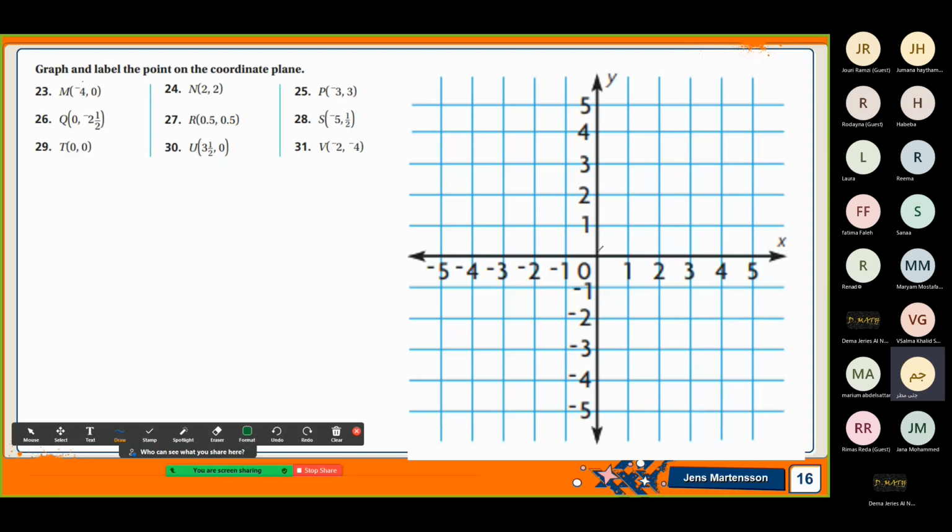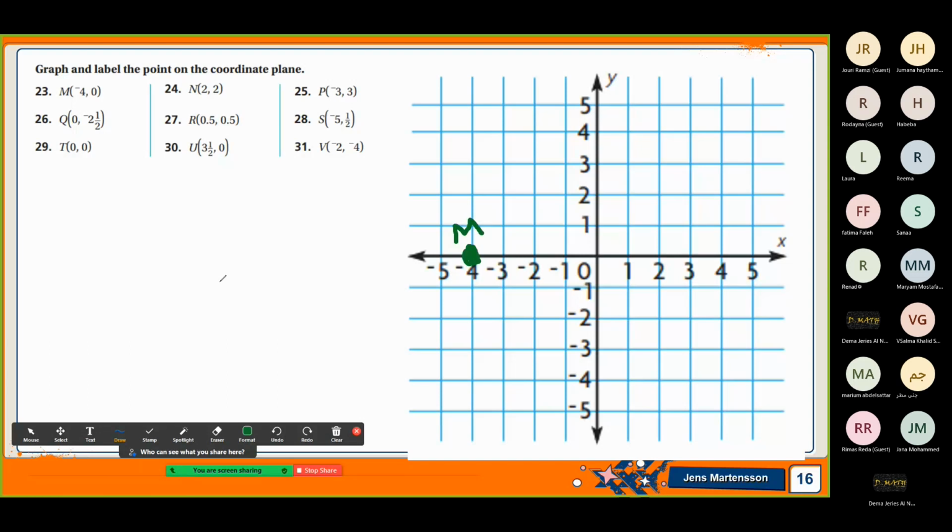So where is it? It's on the left. Then 0. What do I mean by 0? The middle. 0 means don't go up or down. Stay in your place. So here is letter M.